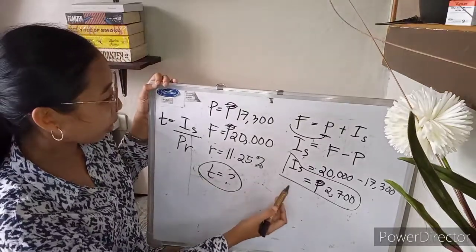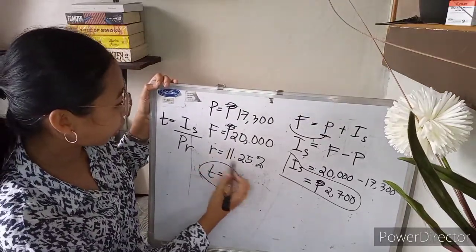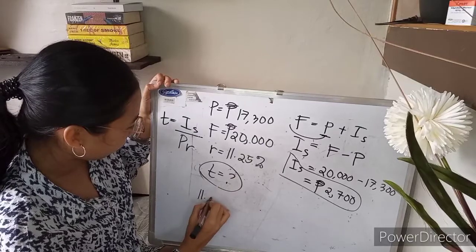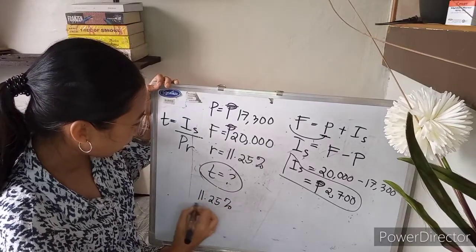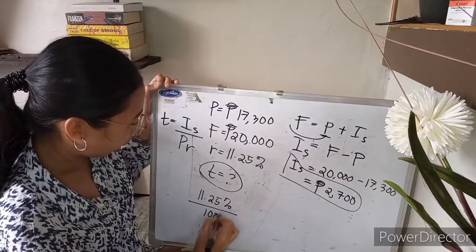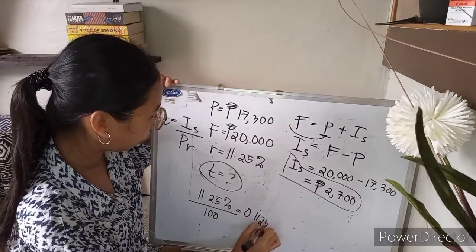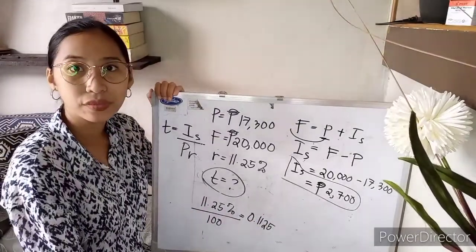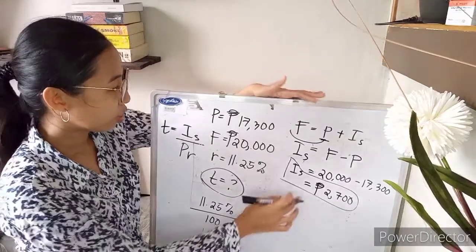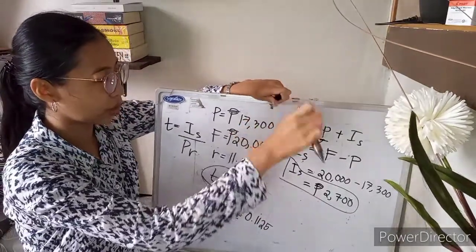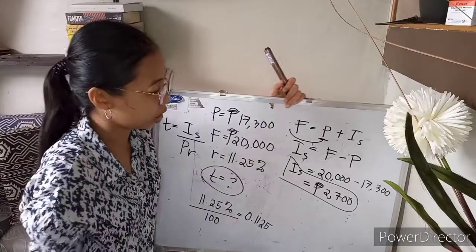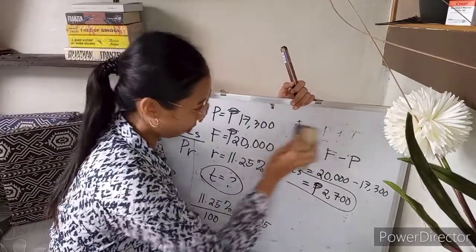Okay, so pagkahuman ana atong i-convert ni siyang rate. So 11.25% divided by 100. So our rate now is 0.1125. Okay lang so far? So, naa na tayo I_s nga 2,700. Atong siyang i-erase didto para naa tay space.